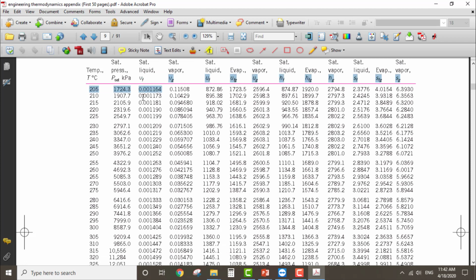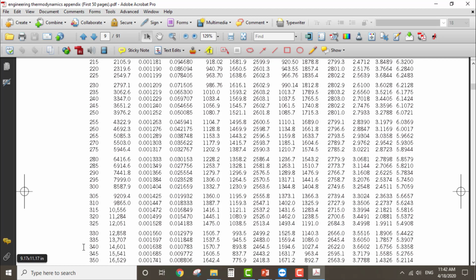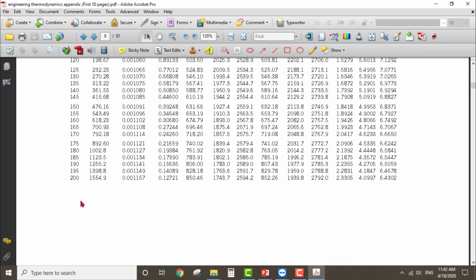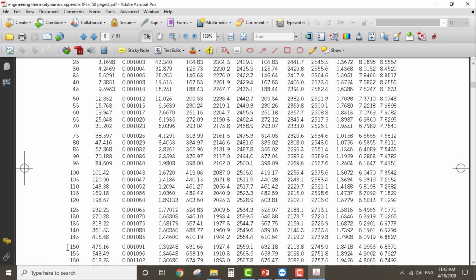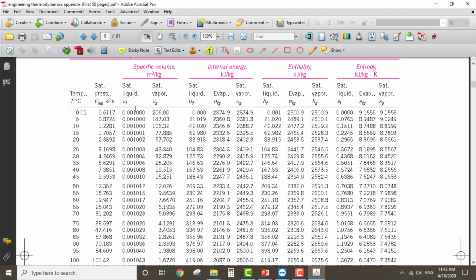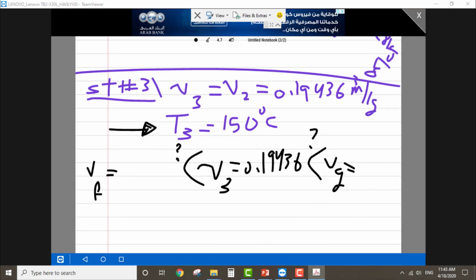So they are the third and fourth column. So here is our value, 0.001091 and 0.39248. Let me take them to the solving board.